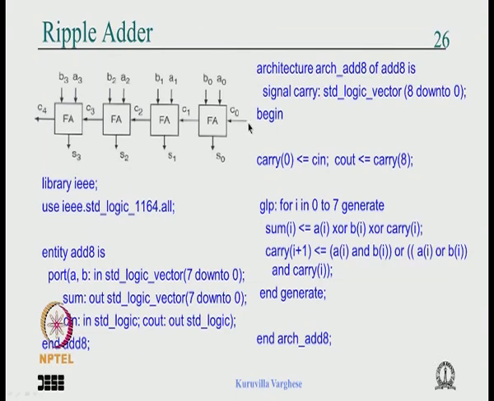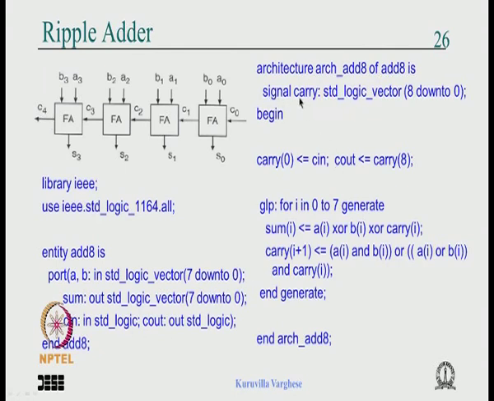So it will be good if you declare an internal signal carry, and we say carry 0 is C in. Similarly we have carry 8, which we ultimately assign to the C out. So that is what we have done.